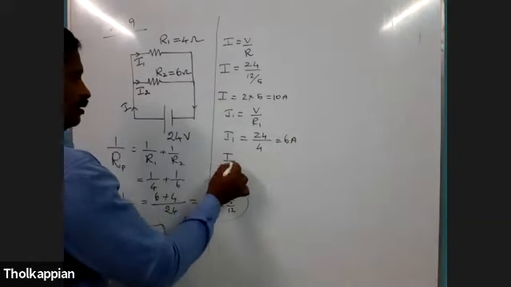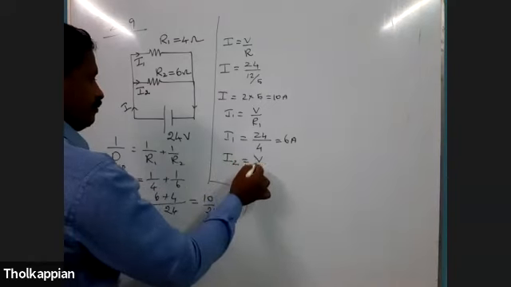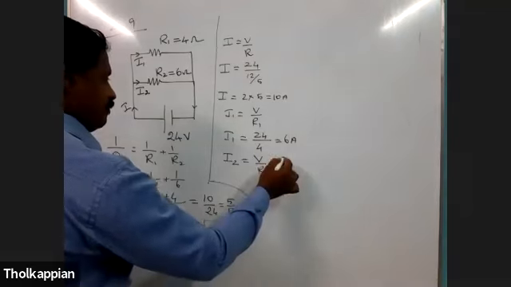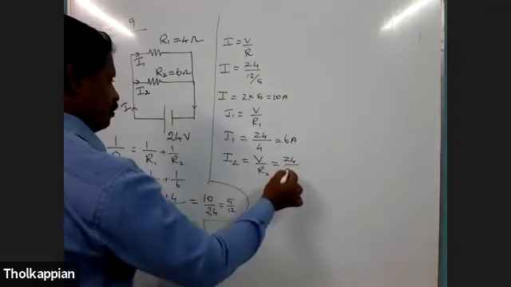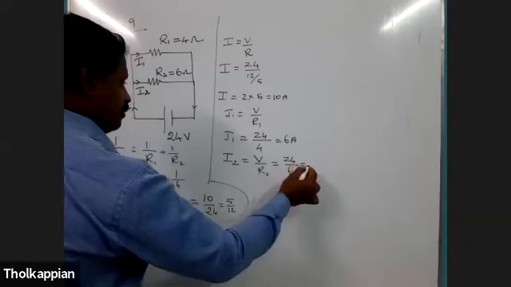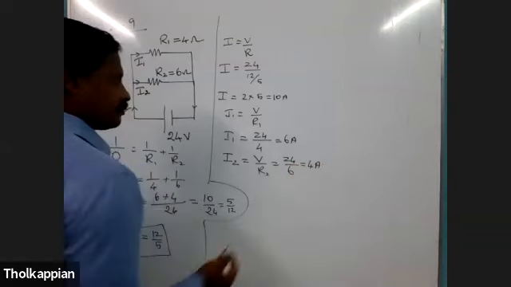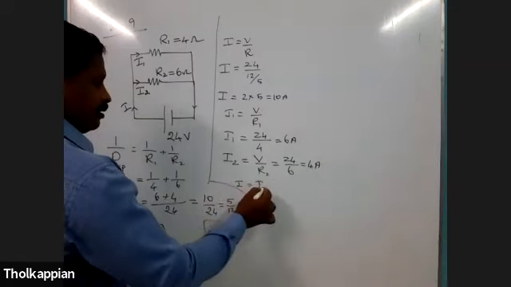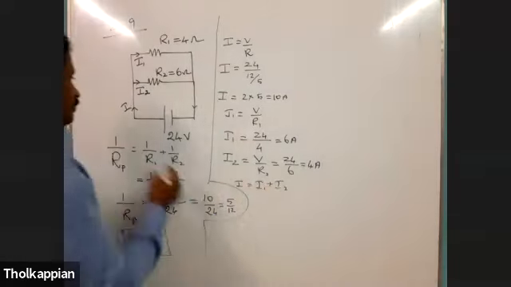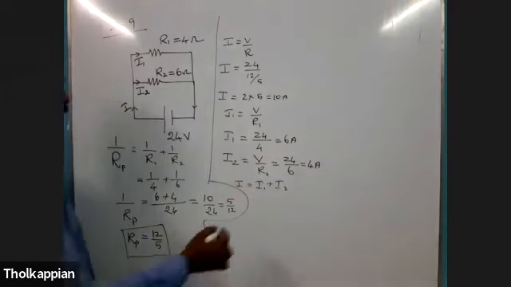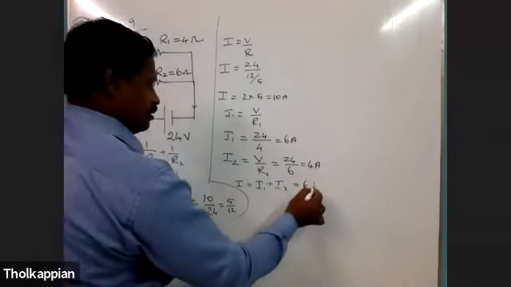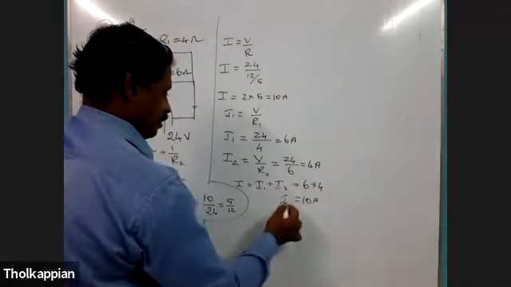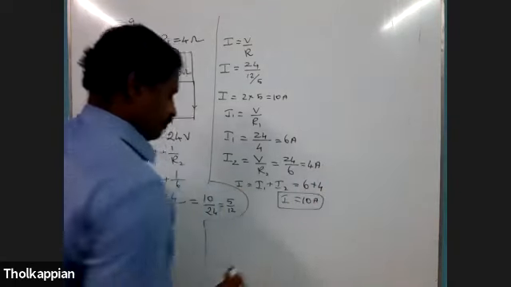And similarly, I2 is equal to V by R2, which is 24 by 6, so 4 ampere. You can check the answer. That is I is equal to I1 plus I2, which is 6 plus 4 equal to 10 ampere. This is the total current. What you find is the same.